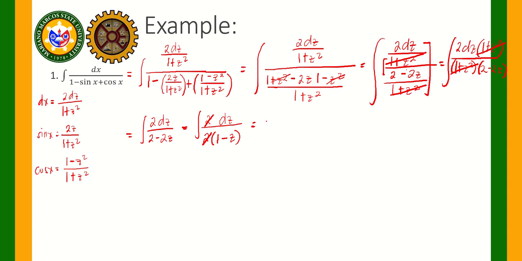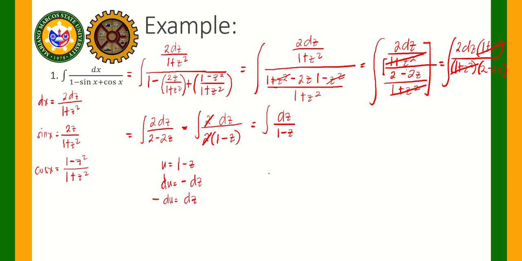So, what we will integrate is dz all over 1 minus z. From this, let u be equal to 1 minus z. du is equal to negative dz, since the derivative of a constant is 0. To make dz positive, divide both sides by negative. So, this becomes negative du equal to dz.